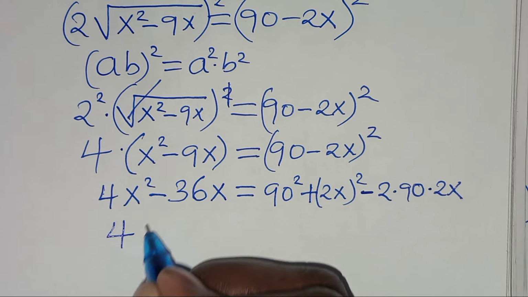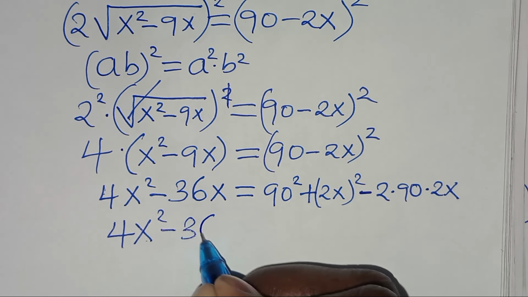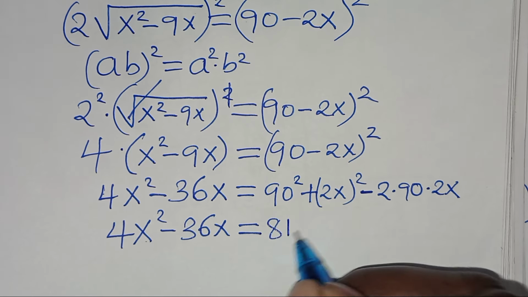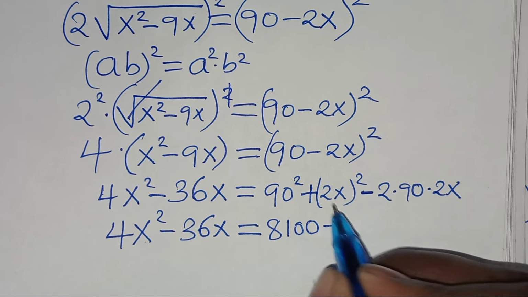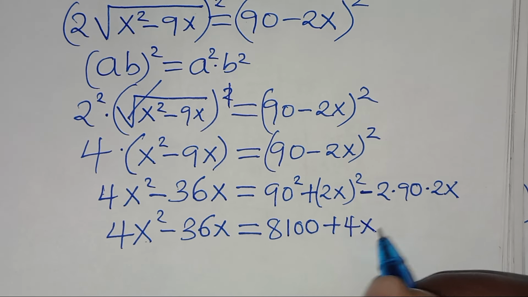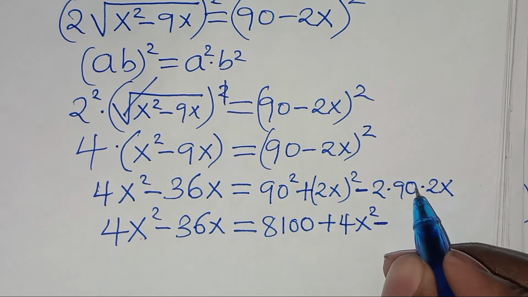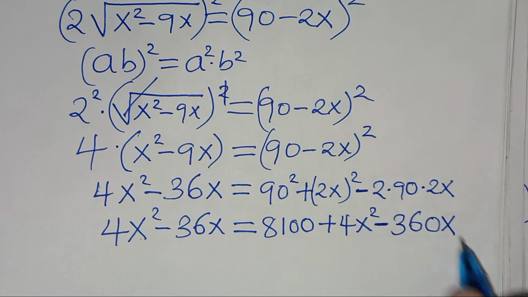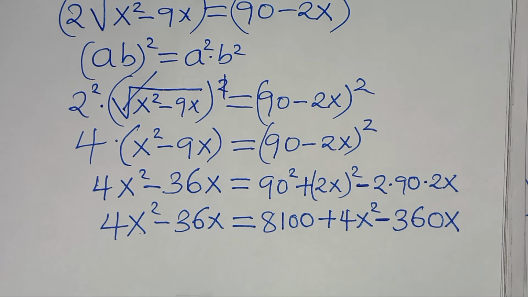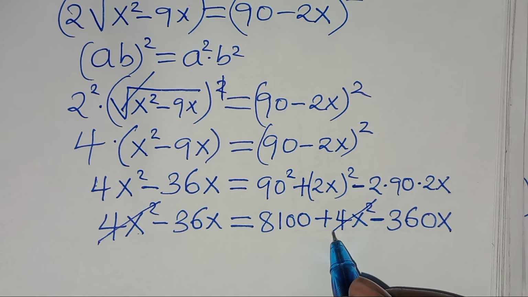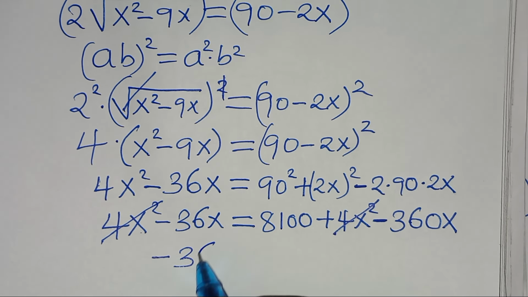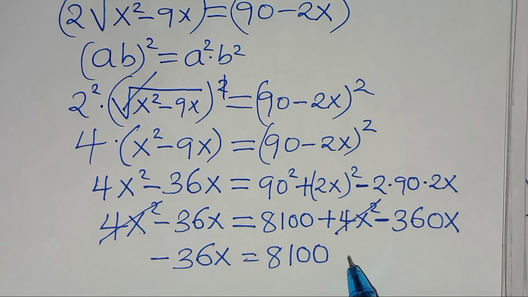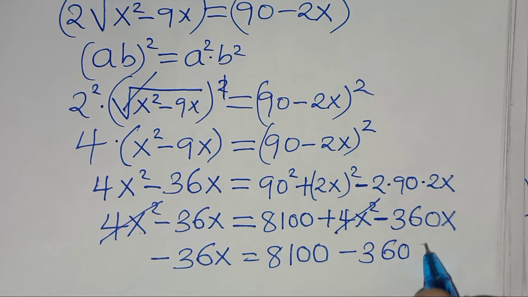So this implies we have 4x squared minus 36x equal to 90 squared, which is 8100, plus 2x squared, which is 4x squared, subtract 90 times 2, which is 180, times 2, which is minus 360x. So the next step is that 4x squared and 4x squared cancel, so that we have minus 36x equal to 8100 minus 360x.